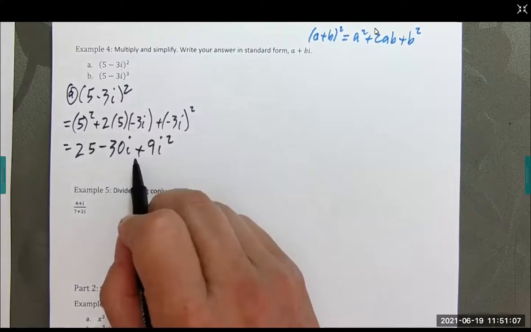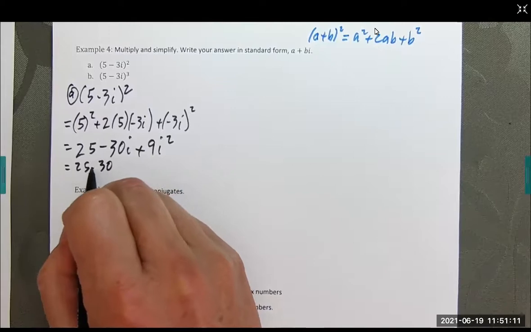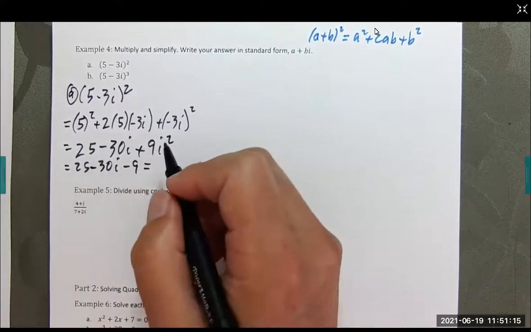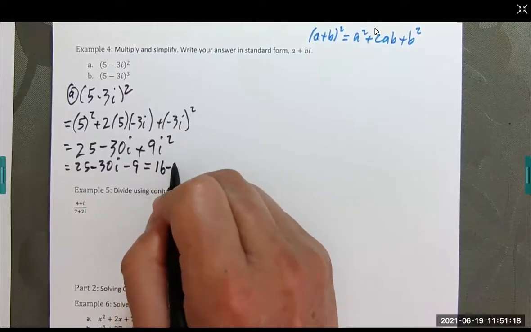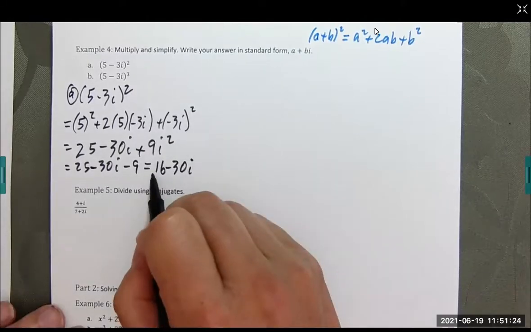Remember, that becomes a negative 1, so that's going to make that negative 9. Which gives us, I think, 16 minus 30i. Cool. Notice again, I'm in standard form.